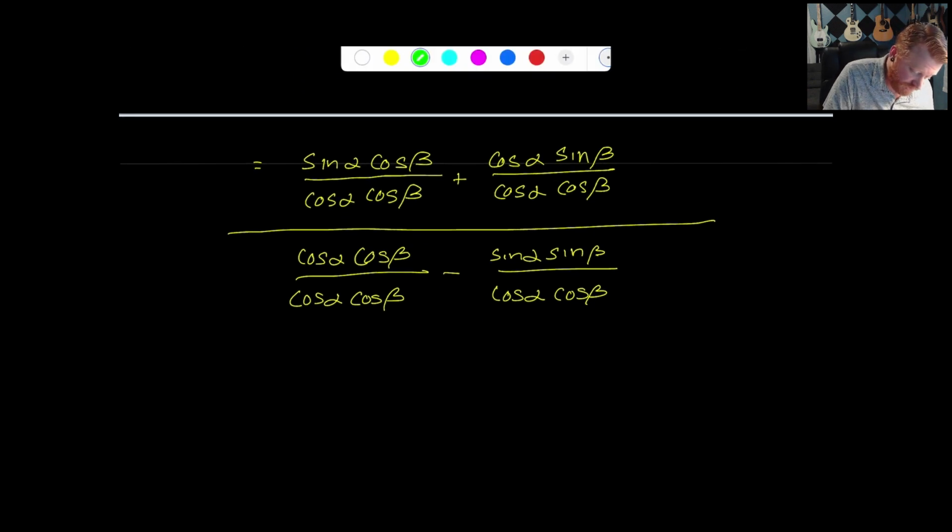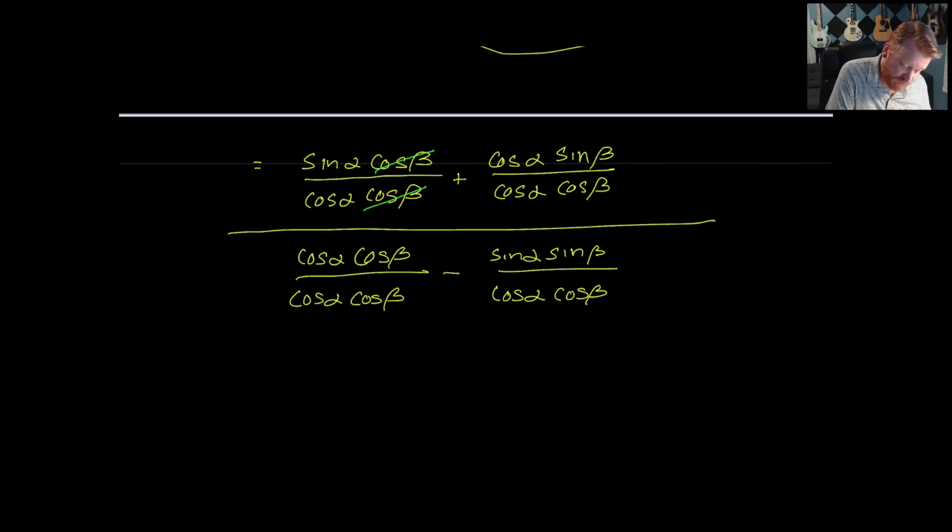So now we're just going to try and simplify a bunch of stuff. Like I said, the cosine beta and the cosine beta are going to cancel. This cosine alpha and this cosine alpha are going to cancel. Everything cancels here to just give us 1. And then over here, if I split this in half, this gives us tangent alpha, and this gives us tangent beta, and they're still being multiplied in the middle there.